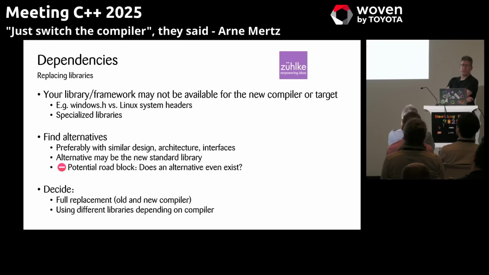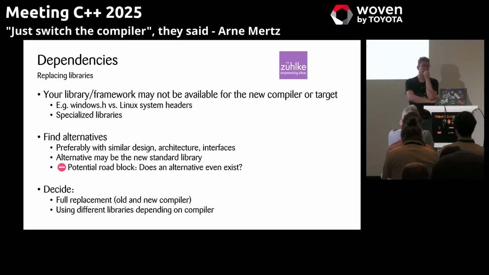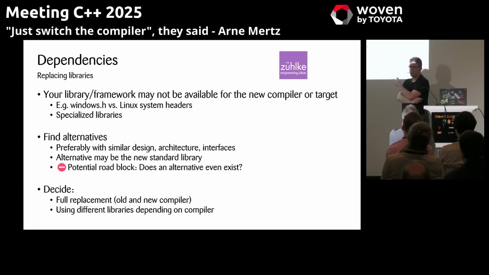If your library actually is not available for your new compiler, you need to find a replacement or drop the idea to use a new compiler. So, for example, if you switch operating systems and you're using actual system calls, Linux headers, and your new project is on Windows, you don't have the Linux headers there, then you want to probably use Windows.h or something similar.